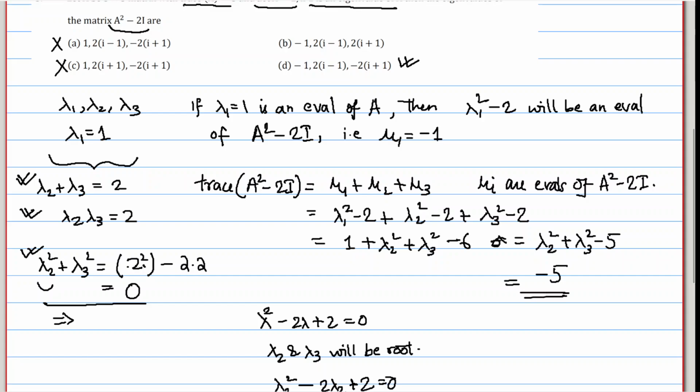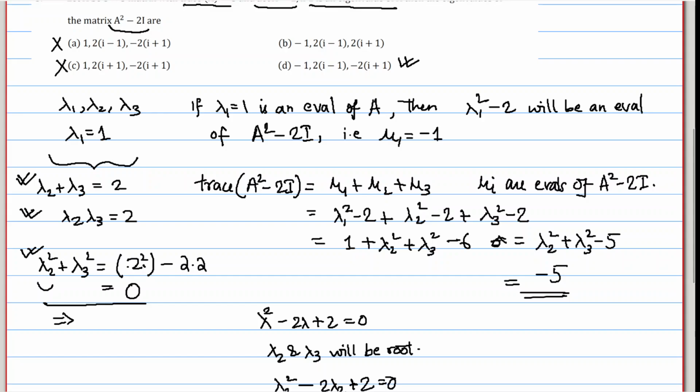So minus 5 is coming for which one? Trace, meaning the sum of eigenvalues. Minus 1 is coming in which? 2 plus 2, sorry, this is 2, this is minus 2. 1 minute, guys. Minus 1 is an eigenvalue.